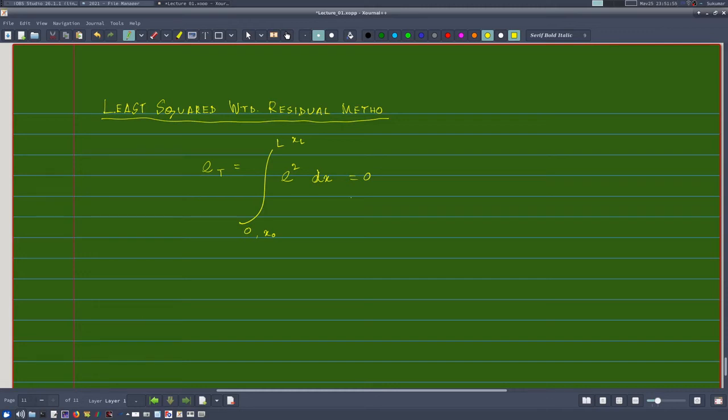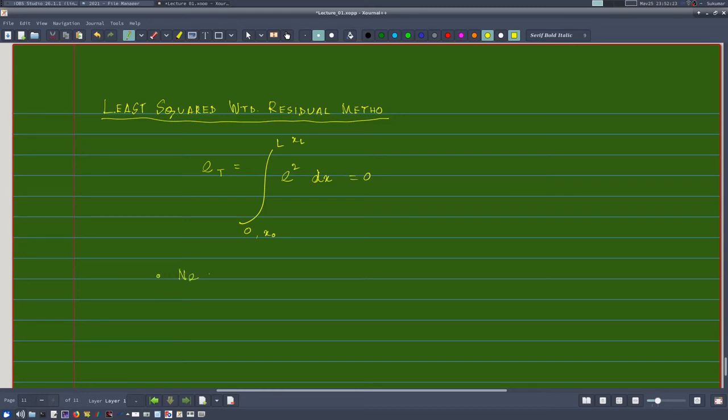Now, the necessary condition for satisfying this least square weighted residual is that I will minimize the total square error, and therefore I will need to satisfy the necessary condition.